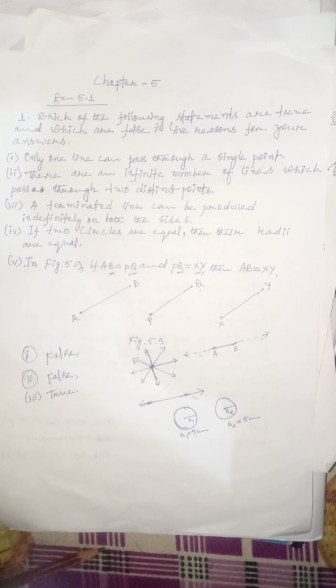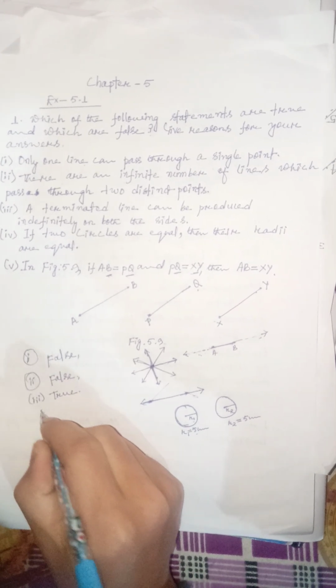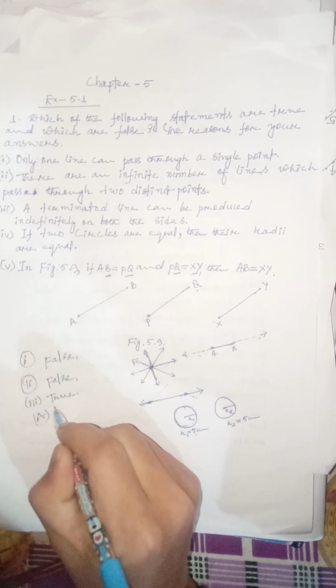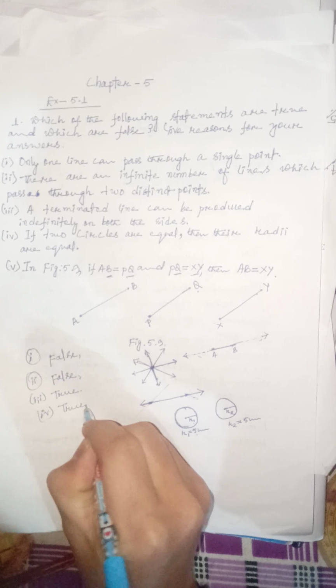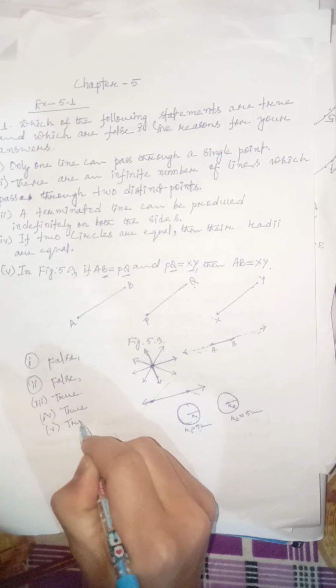Thus, the given statement in Roman number 5 is true again. Let me write it. Okay, Roman number 4 is also true. And after that, we have Roman number 5, which is also true again, right?